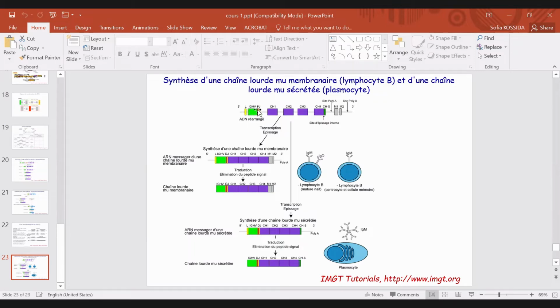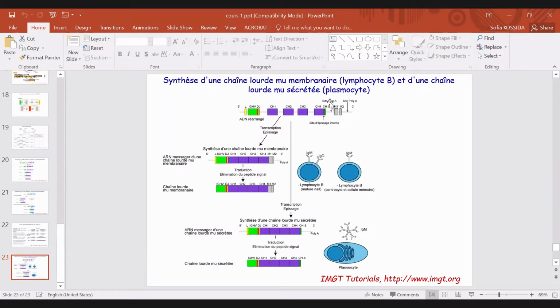We have 1V, 1D, 1J. They have rearranged. And then we have the constant regions. You see CH1, constant heavy 1, constant heavy 2, constant heavy 3, constant heavy 4. And look at this. There is CH, S for secreted.